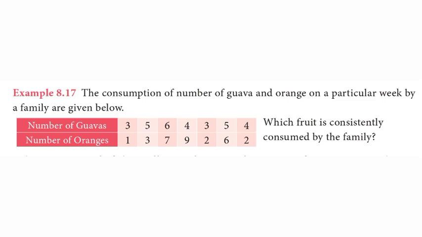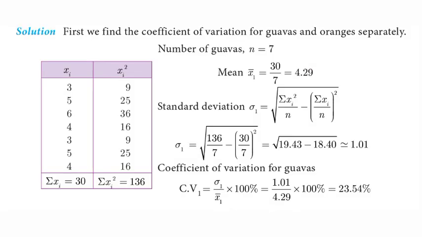Which fruit is consistently consumed by the family? What is the meaning of consistently? Coefficient of variation CV is less, that is consistent. Solution: first we find the coefficient of variation for guavas and oranges respectively.